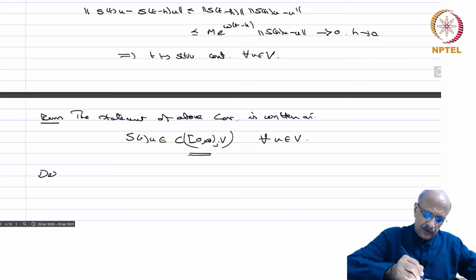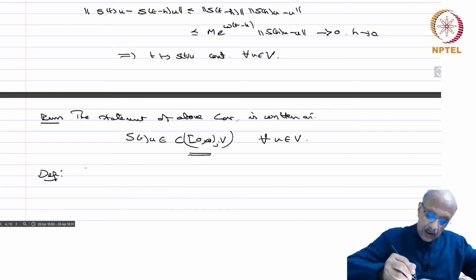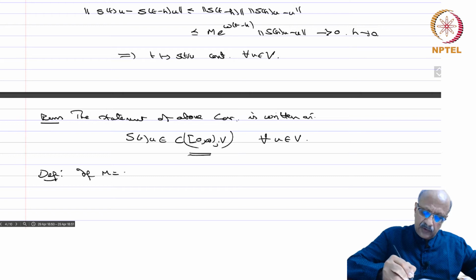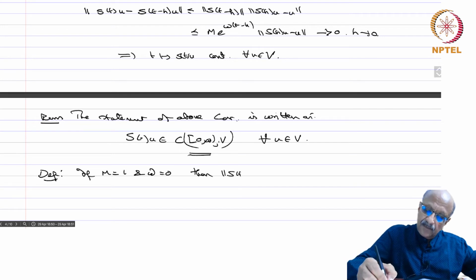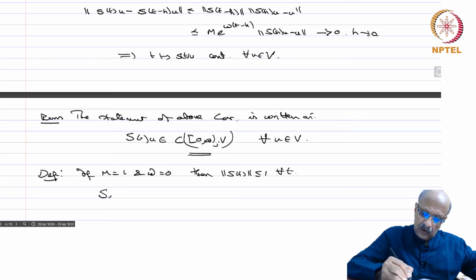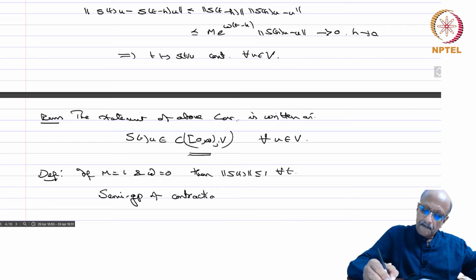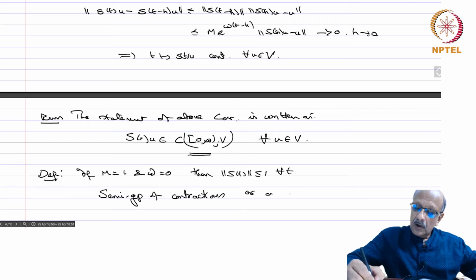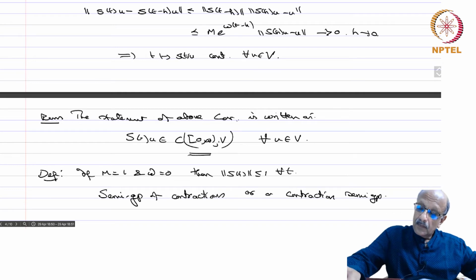So, definition, if M equals 1 and omega equal to 0, then norm of S t will be less than or equal to 1 for all t. So, this is called a semigroup of contractions or a contraction semigroup. Okay.